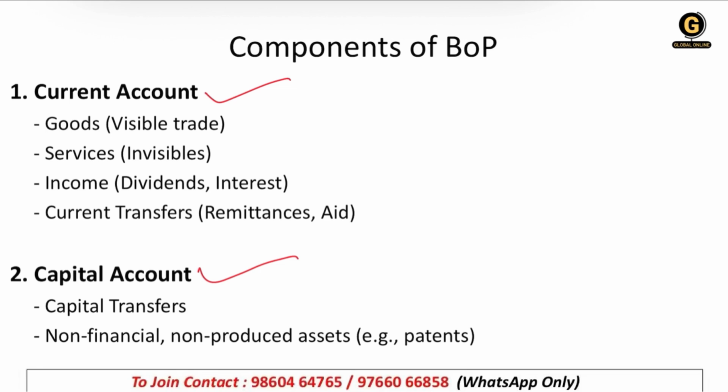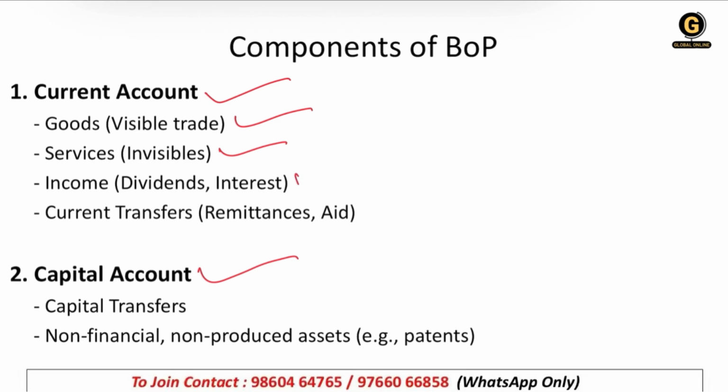In the current account we have goods, that is called visible trade. The trade you have done with another country in physical goods will be calculated. Then invisibles will be calculated. What is it? This is services, which are not physical goods, but the services you have provided or gained, everything will be calculated in the current account throughout the year.